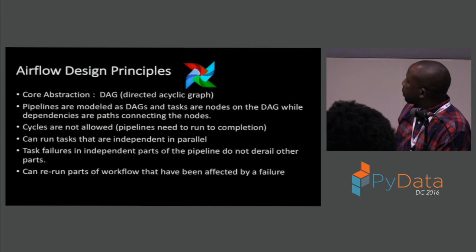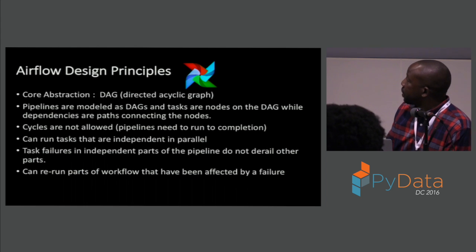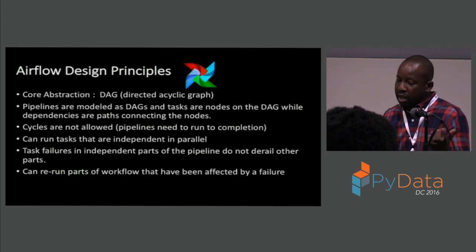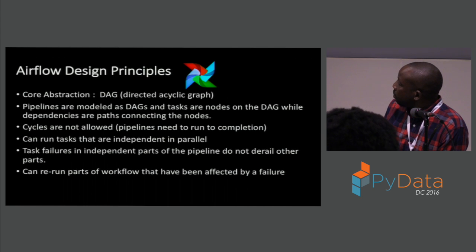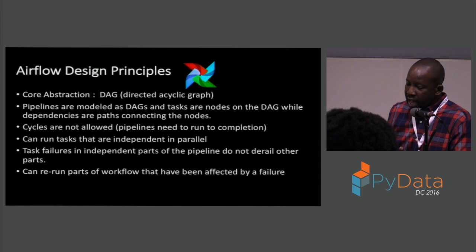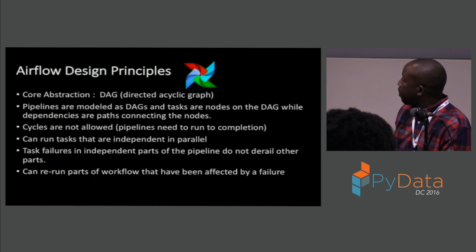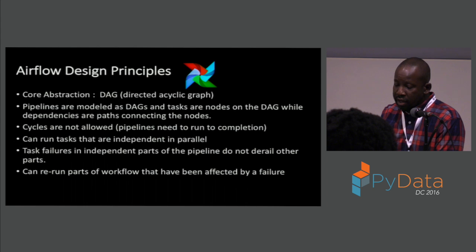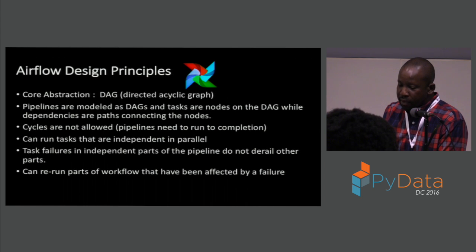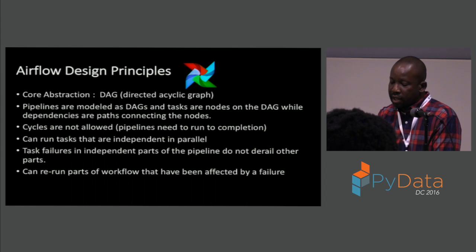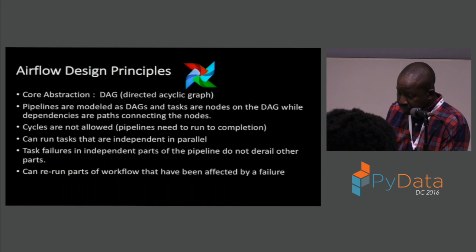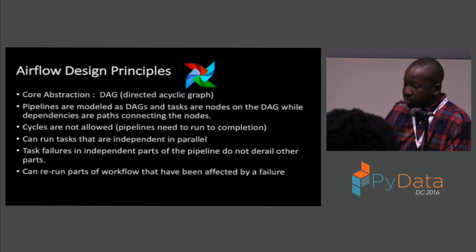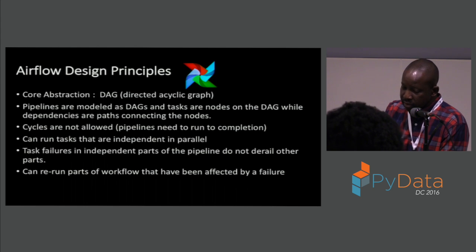Each task is a node on the DAG. The dependencies are the paths that connect the nodes. Obviously, you can't allow cycles. That's why we have a DAG, so that the pipelines can complete. And if you end up encoding a cycle, Airflow would raise an exception. Or if a dependency is referenced more than once, you get an exception.